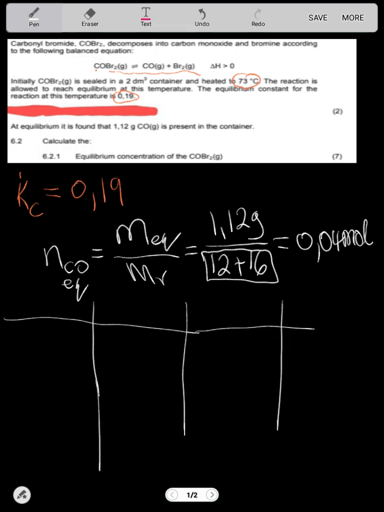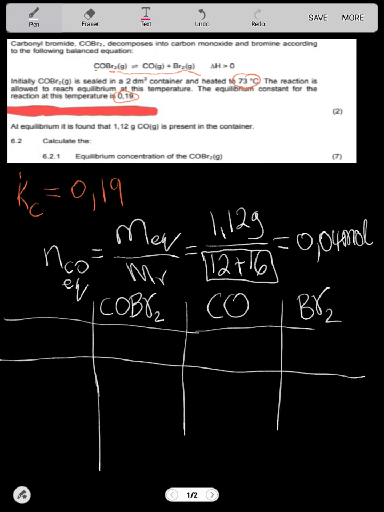We're going to have our COBr2 to form CO and Br2. And these are our reactions.